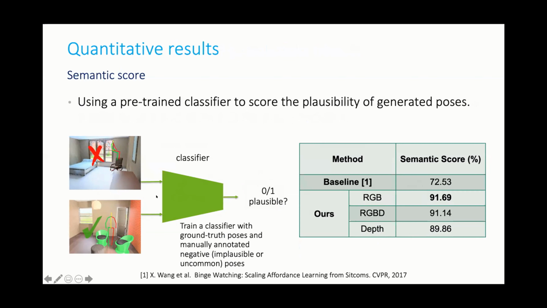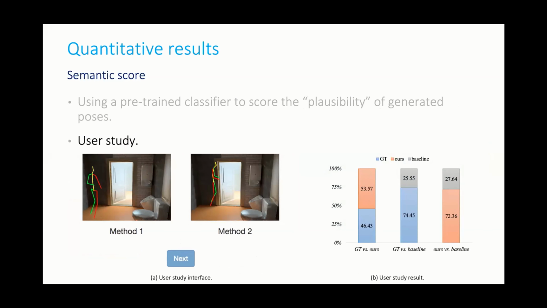We train the classifier with the poses we have, and then we label some negative examples, which are uncommon or impossible poses, to see whether, given a pose, we will know whether it's plausible or not. We compare with baseline models in the literature, and for details you can see our paper. Our model can take RGB input, and in addition we can also take RGBD or depth input.